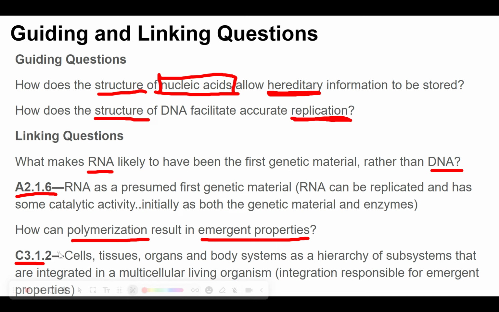C3.1 is actually called Integration of Body Systems. It is a beast. I think there's like 25 points of information, and it deals with the brain and the nervous system and the endocrine system and the respiratory system and the digestive system. So this idea of small pieces, small systems coming together to form a larger whole is super important in that content also.